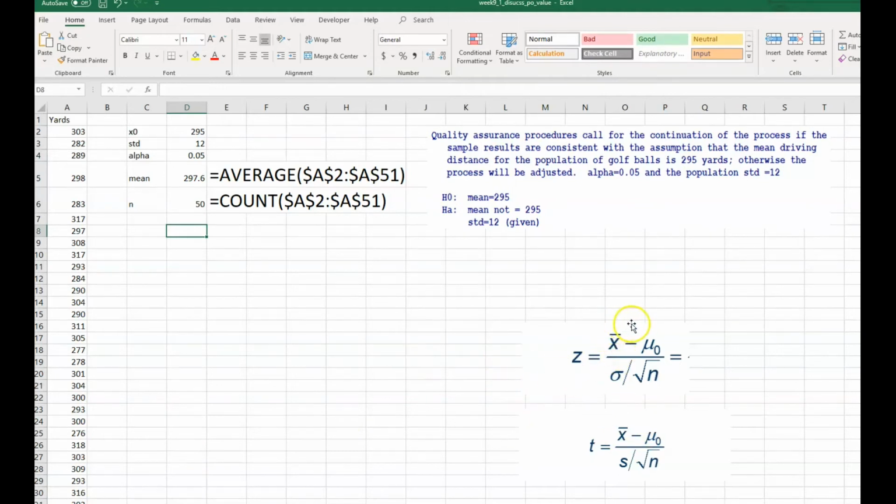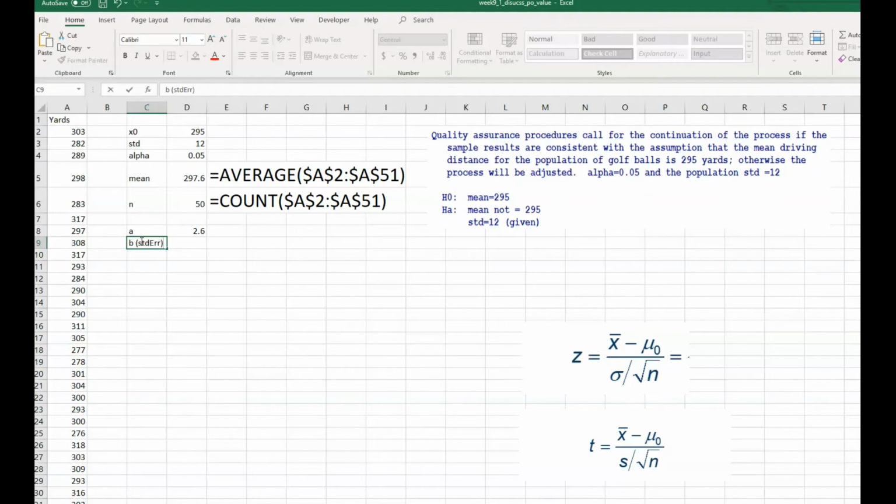Let's assume this is called A, and this is called B. A equals our mean minus our hypothesis. It's the difference, the numerator. B is the standard error.